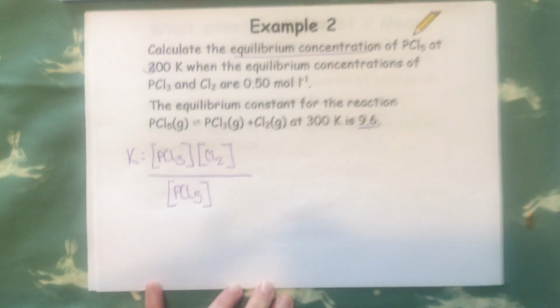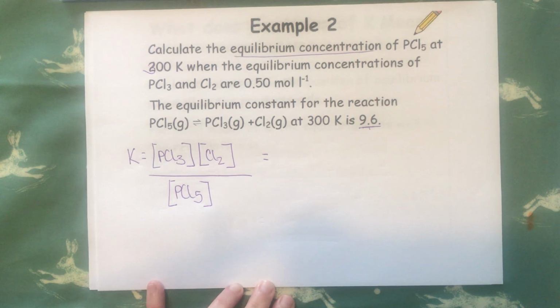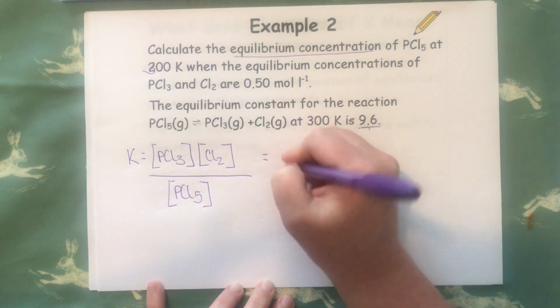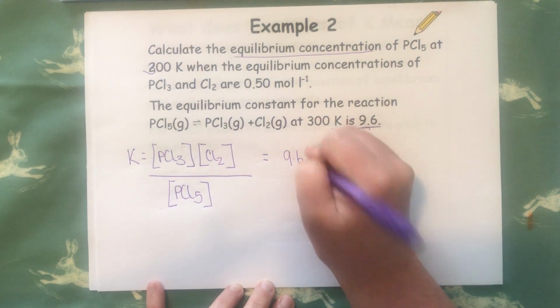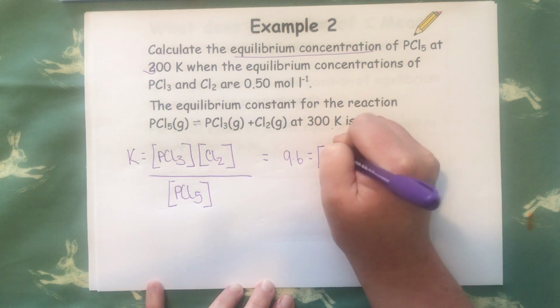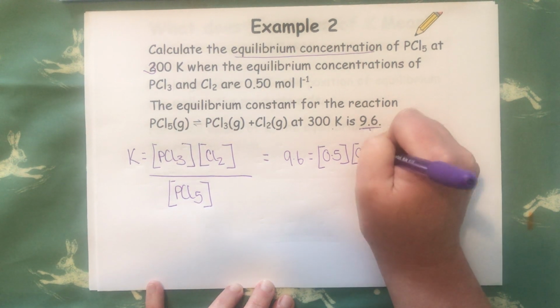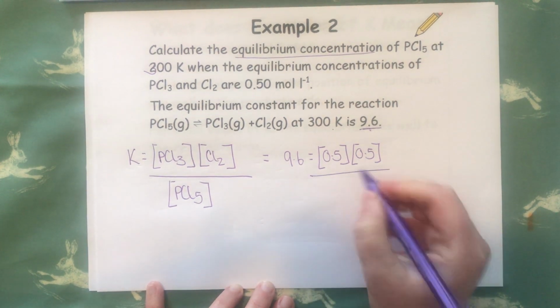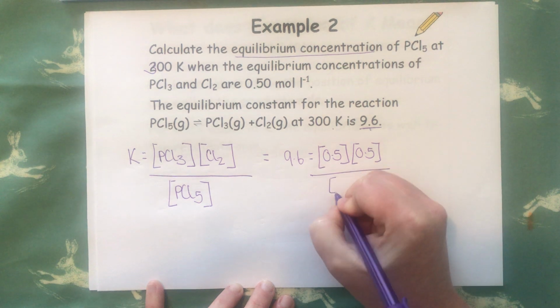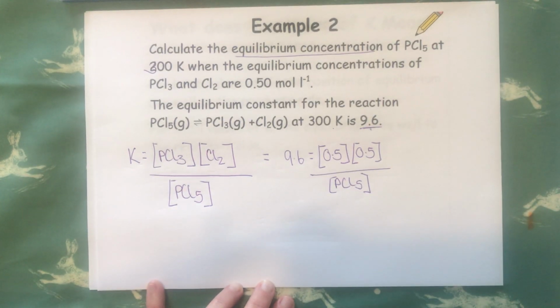There's no coefficients balancing this, so we don't need to bother with any powers. So we'll just plug it in. K is 9.6. Concentration of both our reactants is 0.5, over PCl5. That is what we are trying to work out.